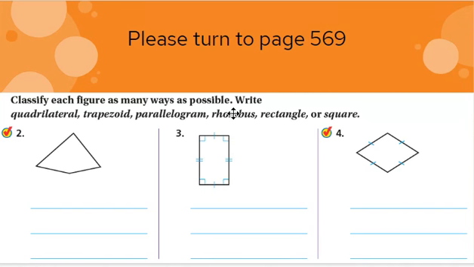Now, let me back up a minute. That might sound kind of confusing, but what that means is there are some shapes that fit rules for both a quadrilateral and a rhombus, or a quadrilateral and a square. So we just have to show our brain like, hey, it's okay that these are in the same category.